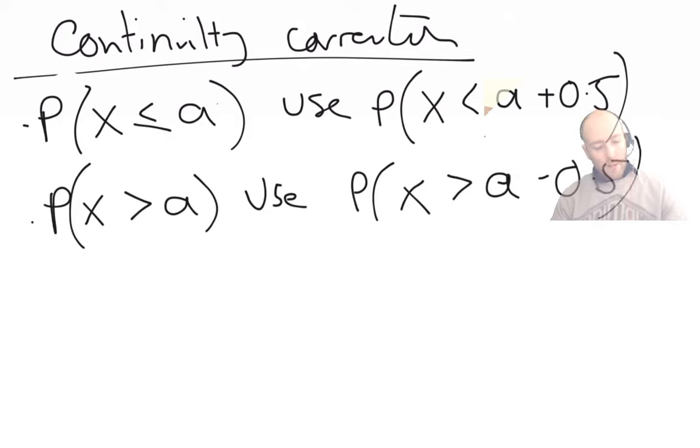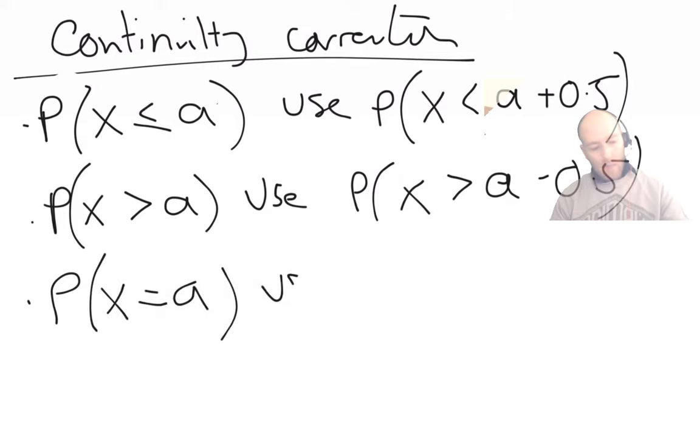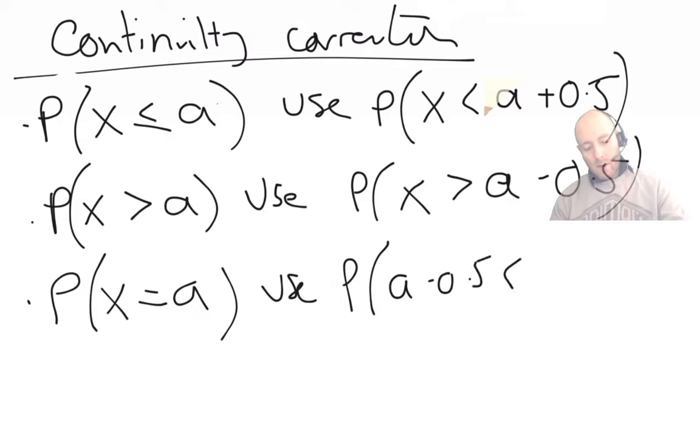For probability x equals a, use probability a minus 0.5 to a plus 0.5.